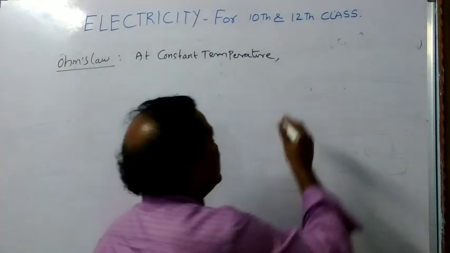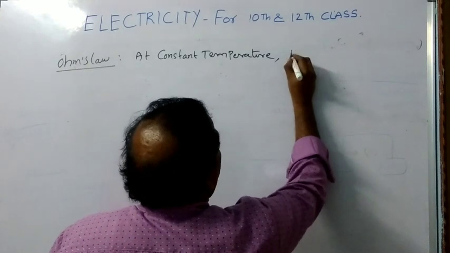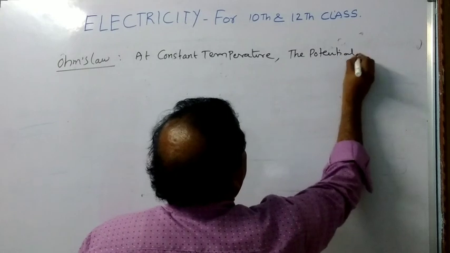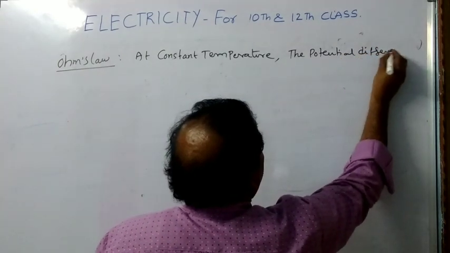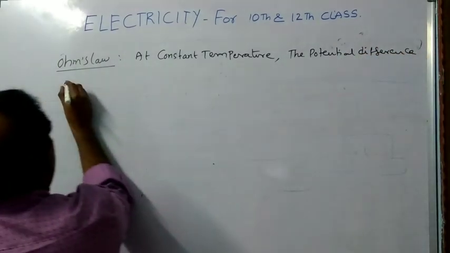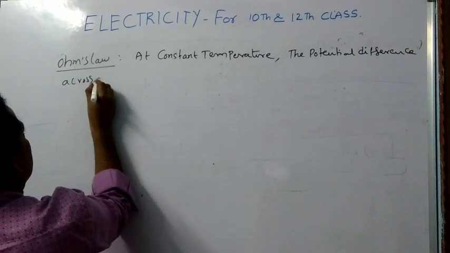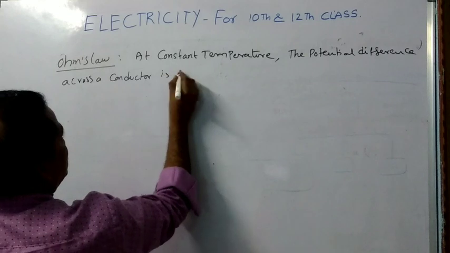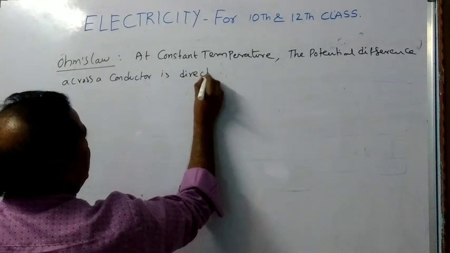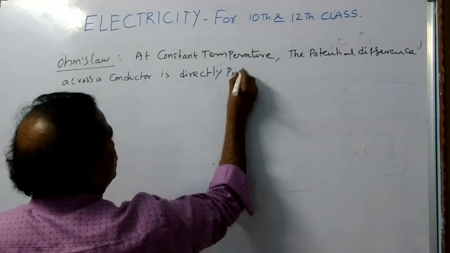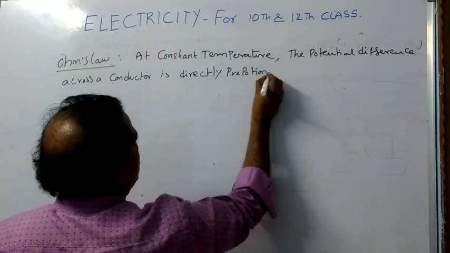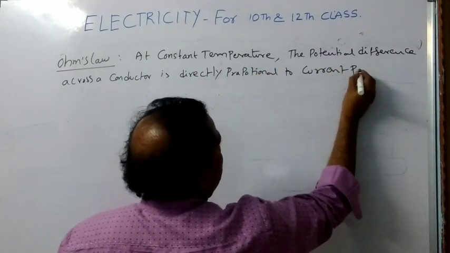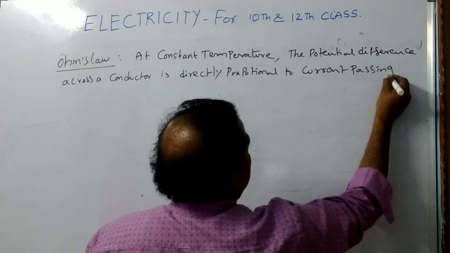You can write it: the potential difference across a conductor is directly proportional to current passing in the conductor.